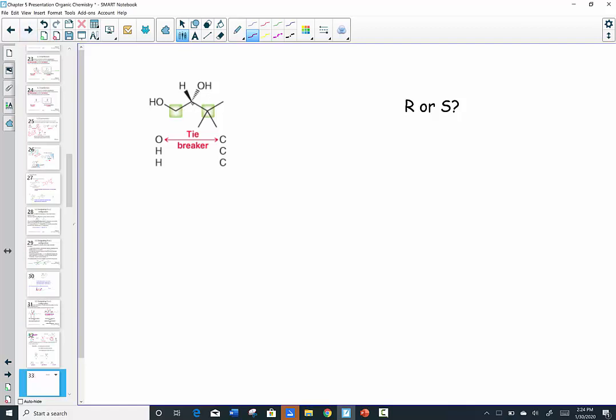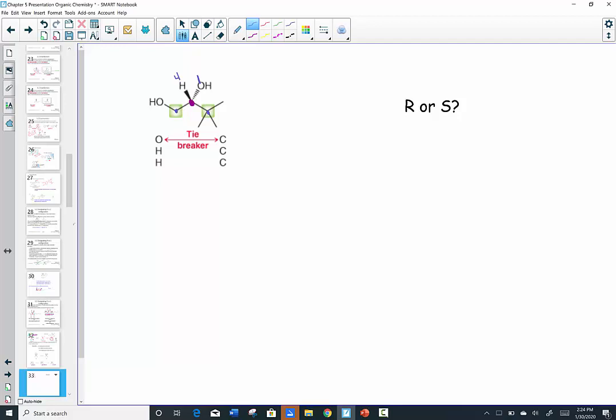Here we have a chiral center, and we're just being asked, is it an R or S? We're practicing recognizing that the top priority is the highest atomic number, so the hydroxyl is the top priority. It will be number 1. The lowest priority is assigned to number 4. The smallest atomic number here is hydrogen, the lowest priority. We move out in this direction.